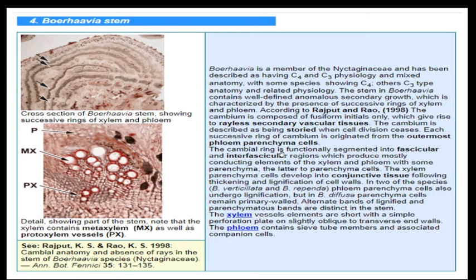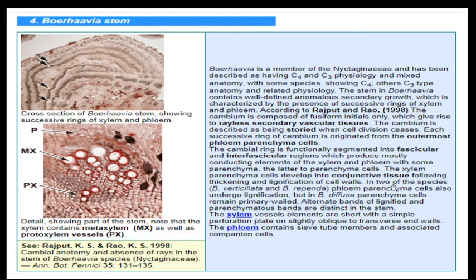The cambial ring is functionally segmented into fascicular conducting elements of xylem and phloem with some parenchyma. That's why the parenchymatous cells are developed over here. The xylem parenchyma cells develop into a conjunctive tissue following thickening and lignification of the cell wall.